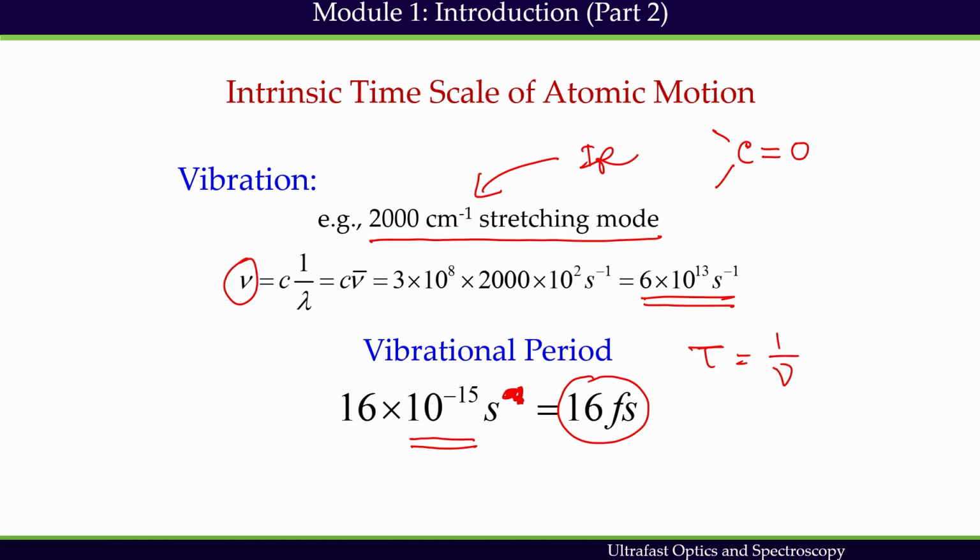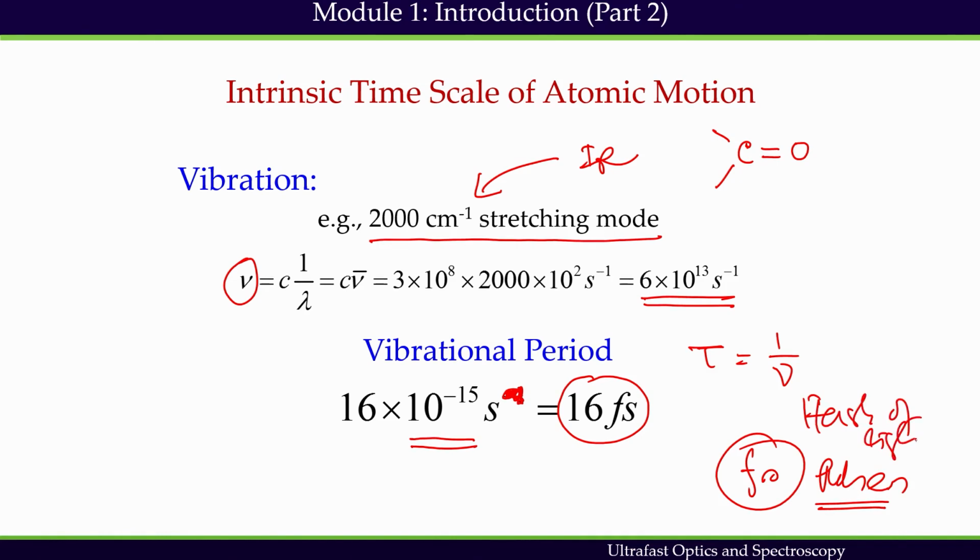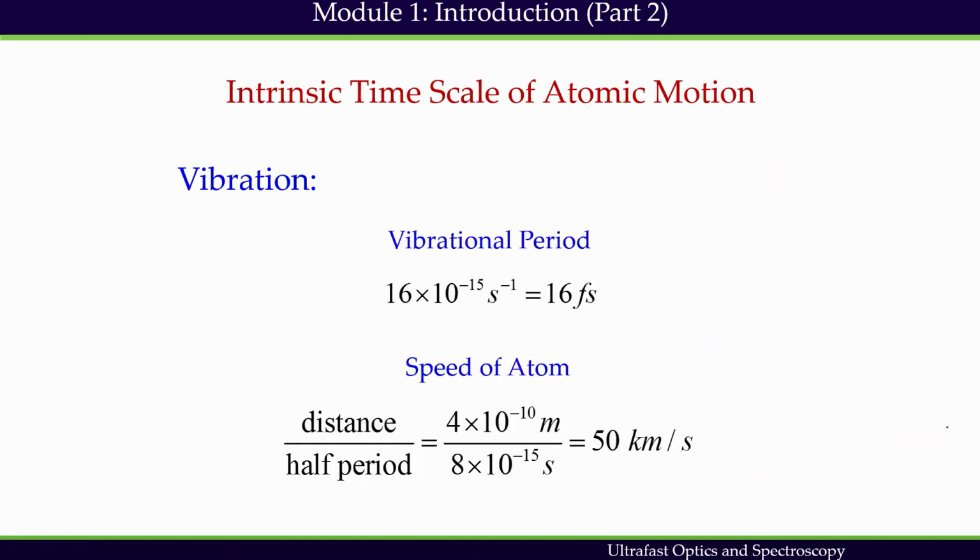This whole time would be 16 femtosecond. So this is the time scale where the vibration occurs, which means that if I want to monitor this vibration, then I need femtosecond pulses, and these pulses are nothing but a flash of light, a sophisticated flash of light.